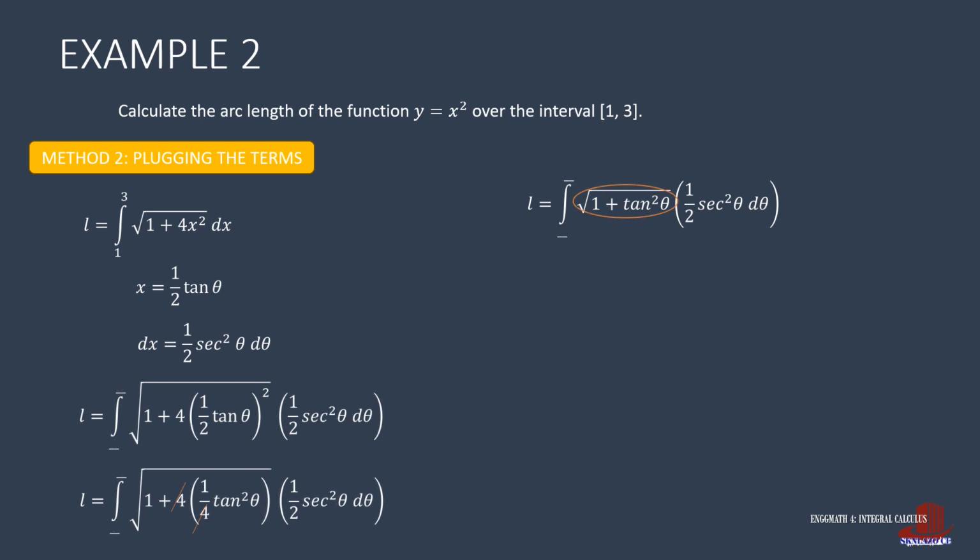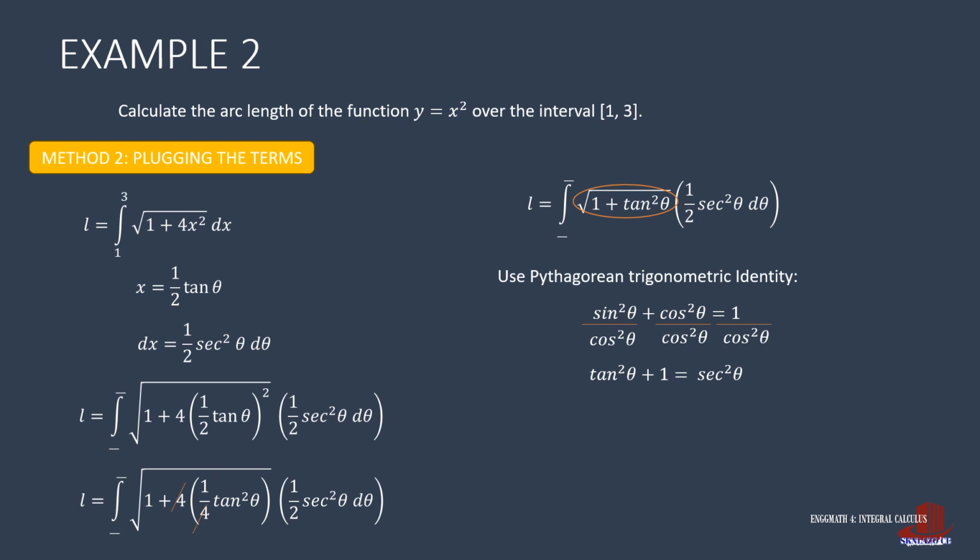Focus on the quantity inside the radical sign, 1 plus tangent squared theta. If we use Pythagorean trigonometric identities, sine squared theta plus cosine squared theta equals 1, and we divide this by cosine squared, we get tangent squared theta plus 1 equals secant squared theta.